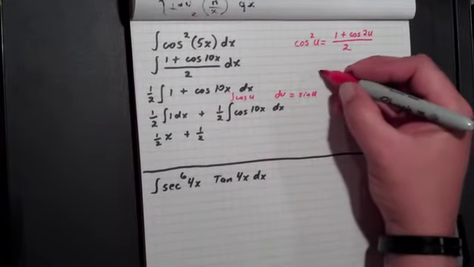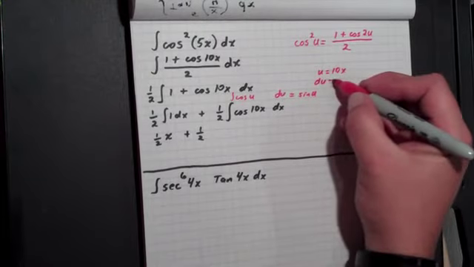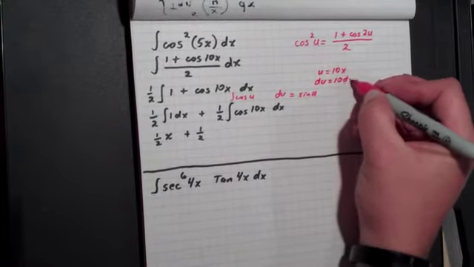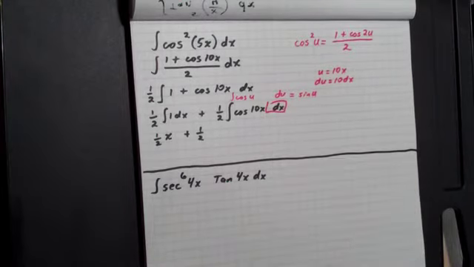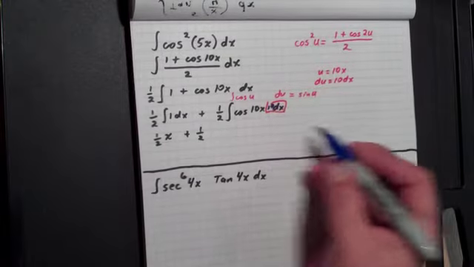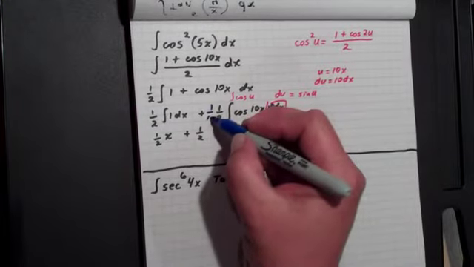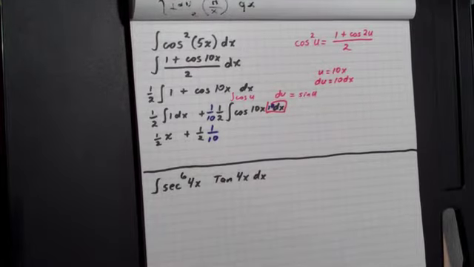However, u must equal 10x. Therefore, du is 10 dx. I don't have a 10 dx here, so I can create it by multiplying by a constant of 10 on the inside and a 1/10 on the outside, its reciprocal. Otherwise, you change the value.